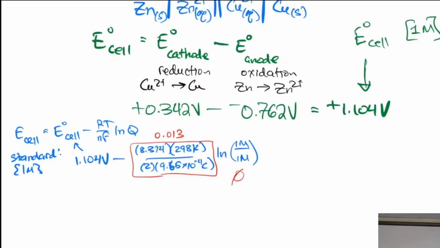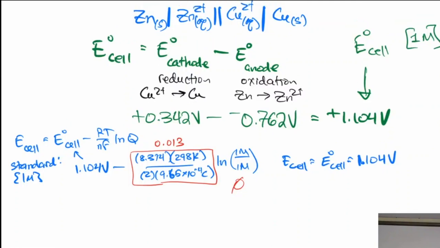Now, of course, this is 0. So we know then that under standard conditions, E of the cell is equal to E naught of the cell, which is 1.104 volts. That's what we're starting with. And now we're going to let that reaction run. The anode loses mass, the cathode gains mass, and in the process, the concentrations of those solutions are changing.